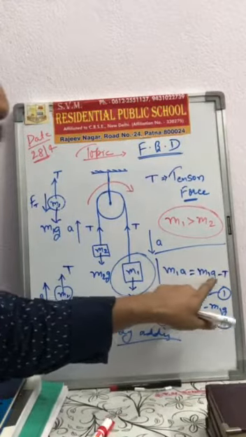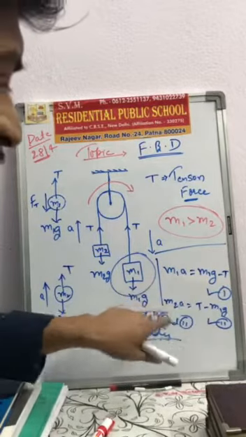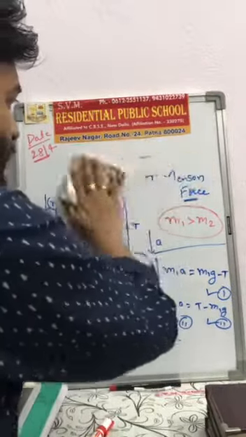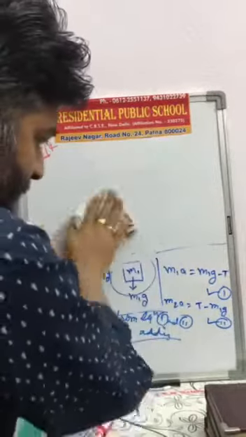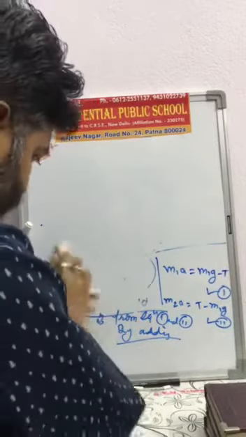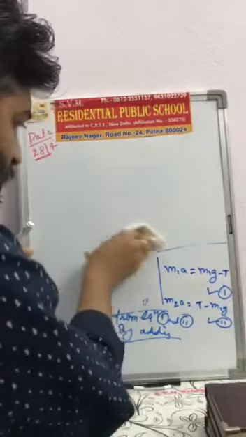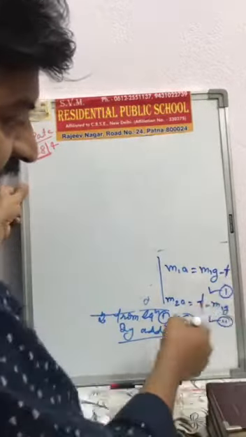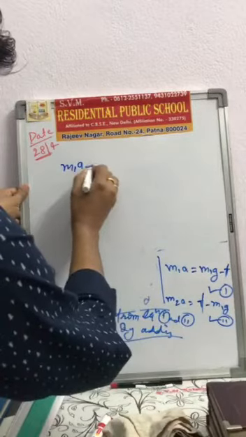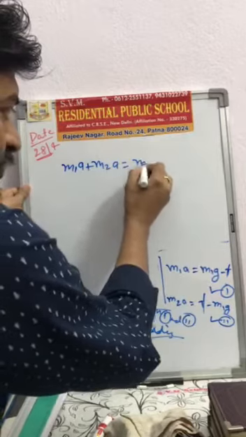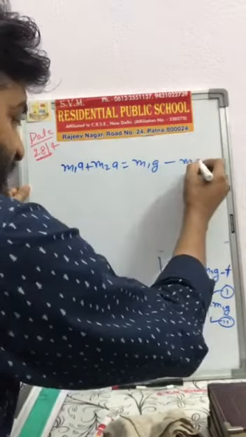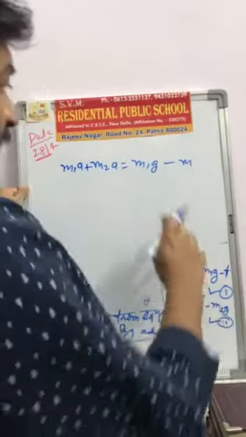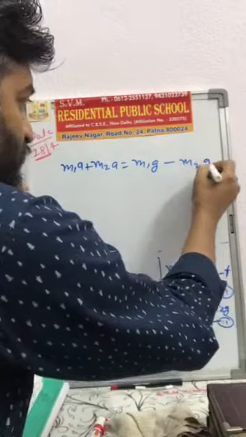M1A is equal to M1G minus T, the unbalanced force condition, and M2A is equal to T minus M2G. From equations 1 and 2, by adding, T cancels and we get M1A plus M2A is equal to M1G minus M2G.